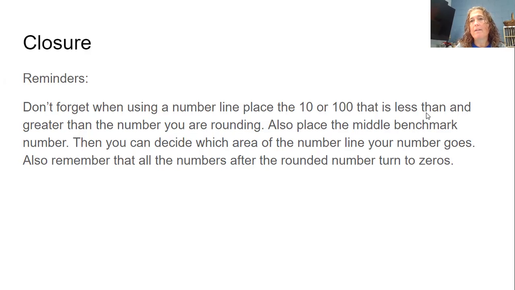If it's that middle benchmark or higher, it goes to the higher number. If it's less than the benchmark number in the middle, it goes to the lower number. Also remember that all the numbers after the rounded number turn to zeros.